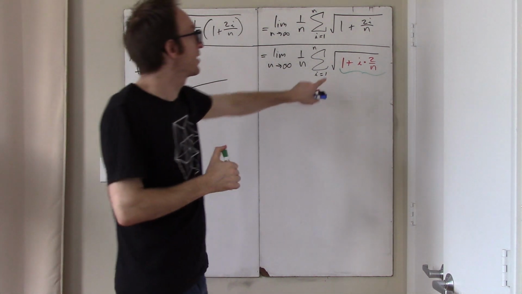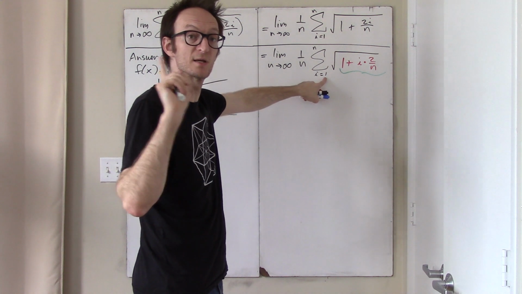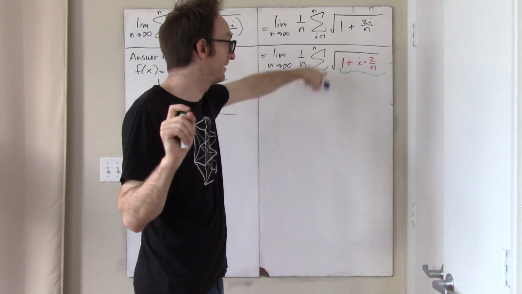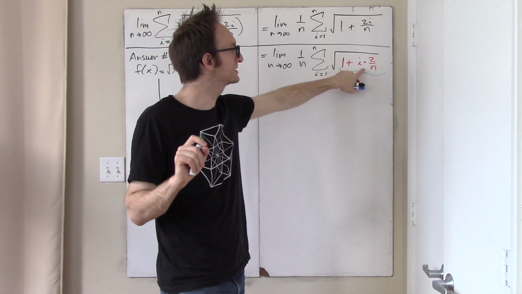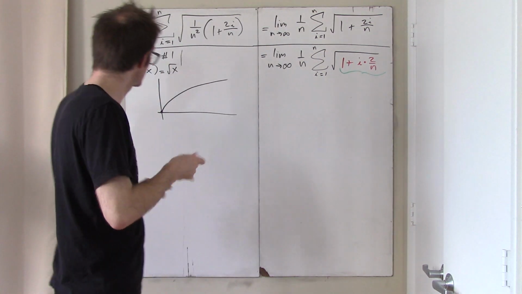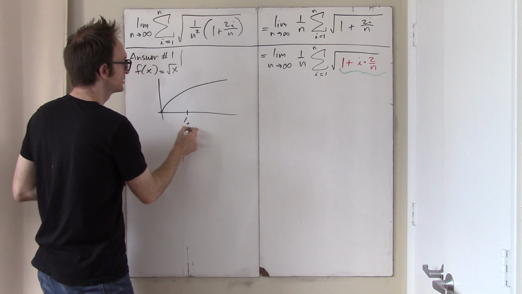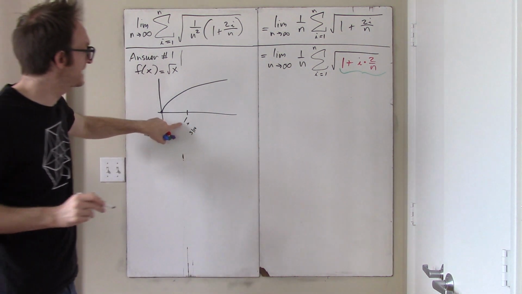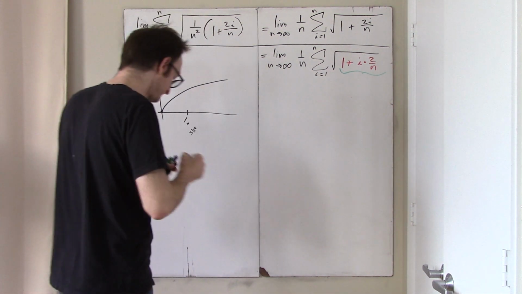In other words, when i is 1, which is the first number of this summation, I get 1 plus 2 over n. So 1 plus 2 over n is the x value that I plug into the square root function first.